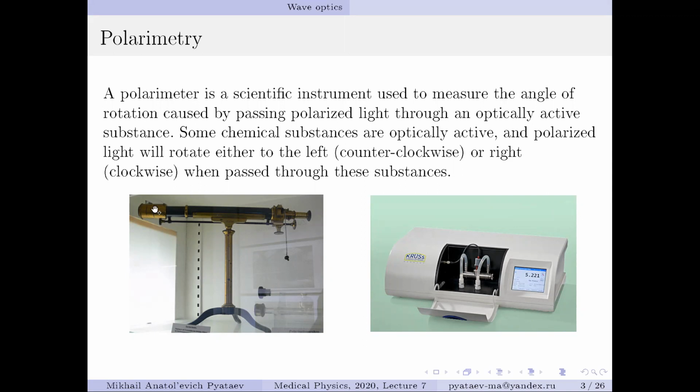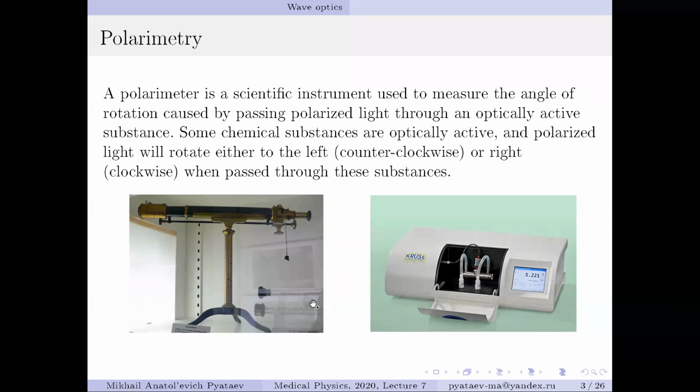And you see here the old style device, one of the first examples of these devices, and the vessel for the device can be seen in this part of the figure. And this is a modern one.